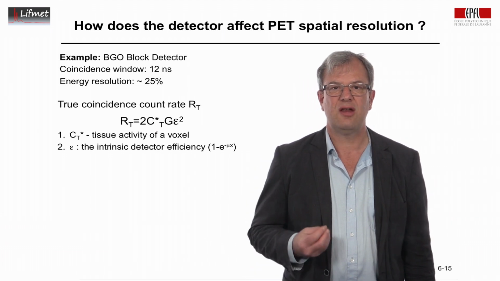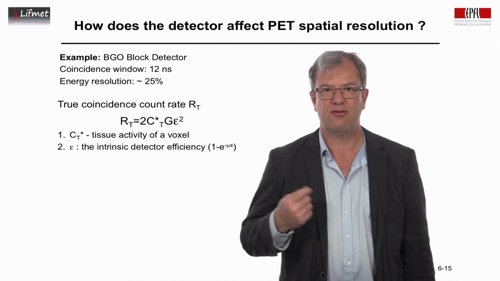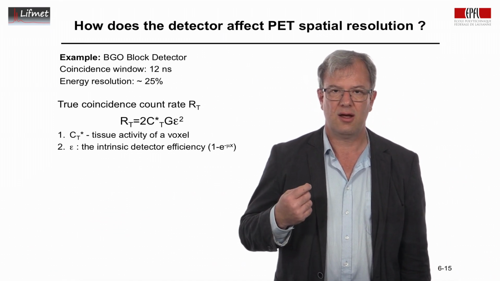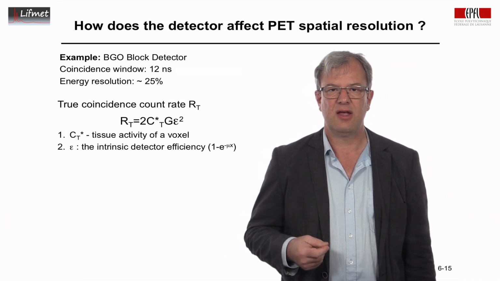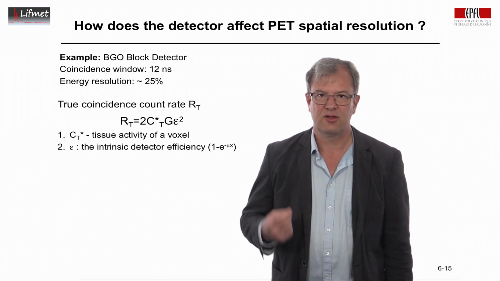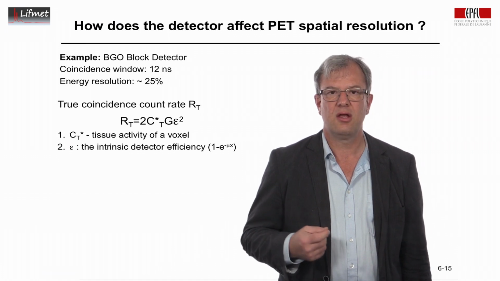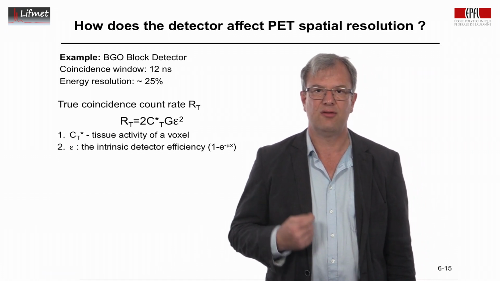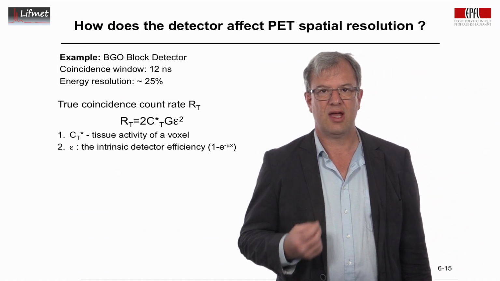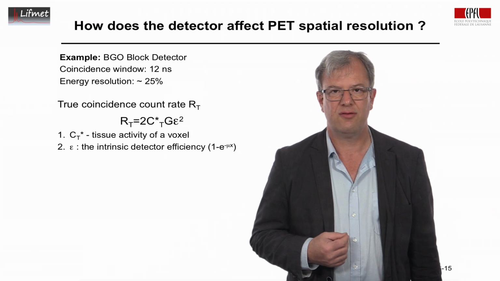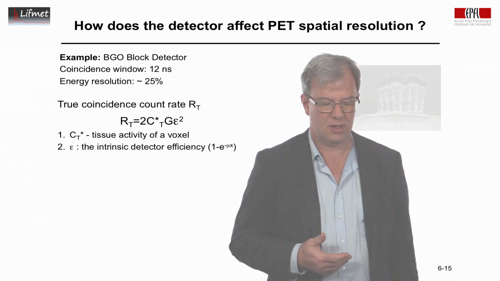It essentially represents the ability of the scintillation crystal to stop the 510 kiloelectron volt photon, and to simplify, it is given by 1 minus e to the minus mu x. The mu, the linear attenuation coefficient here, is that of the scintillation crystal. So ideally we would have a fairly thick crystal, x being high, linear attenuation coefficient being high, and in this case the efficiency would be close to 1.